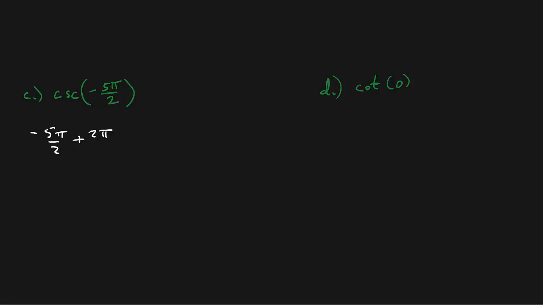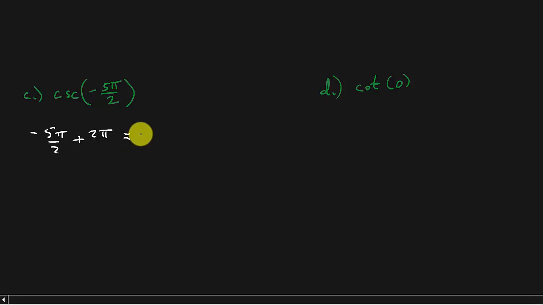So if I add 2 pi, that is going to actually give me what? Negative pi over 2, all right? Because if I put this over 1, get a common denominator of 2, that would be 4 pi over 2, so that would be negative pi over 2. So I would have to take the negative pi over 2 and add 2 pi again, and that would leave me with 3 pi over 2, okay?